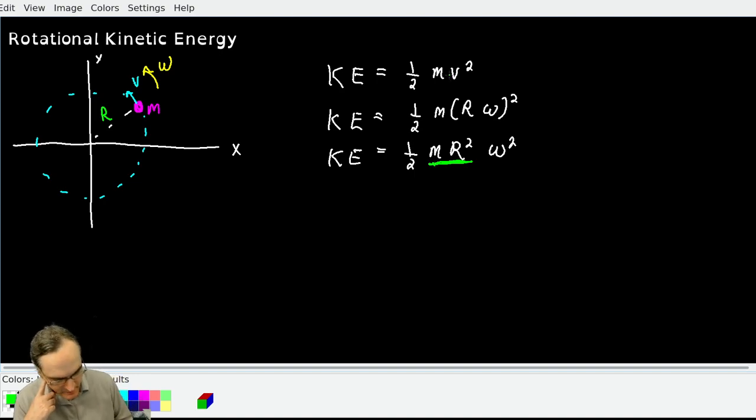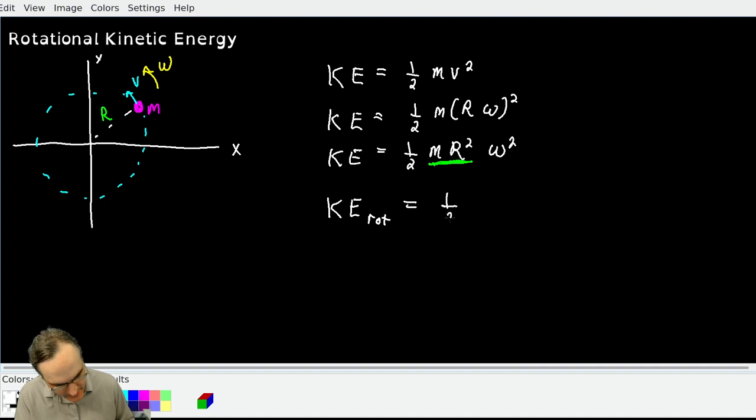So we've got the original equation, 1/2 mv squared for translations. Everything else we've done when we've changed from translational motion to rotational motion, we've substituted omega for v. So the omega squared makes logical sense when we're looking at kinetic energy of rotation. It leaves this term in the middle, which should have a meaning, something like mass, but like rotational mass. And in physics, we do have a separate name for rotational mass.